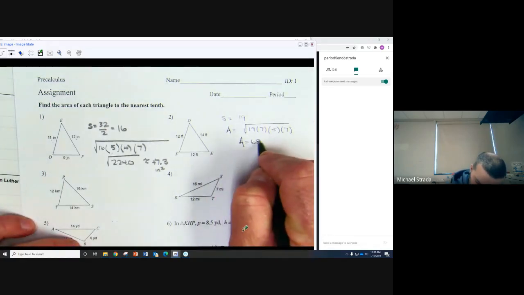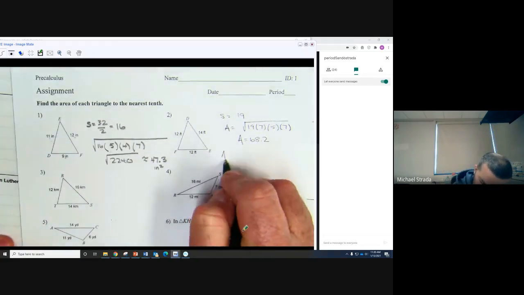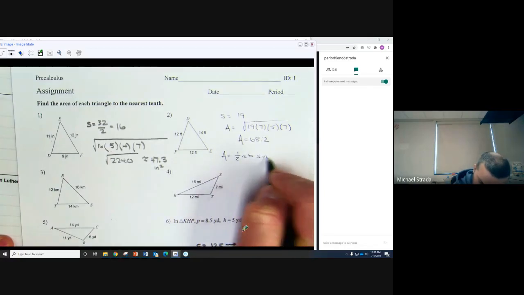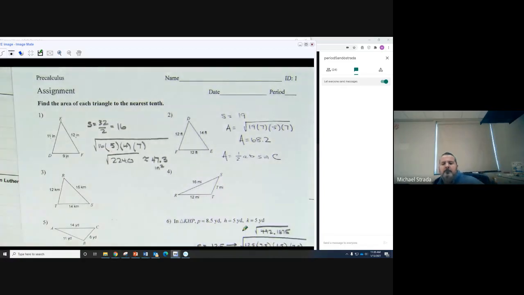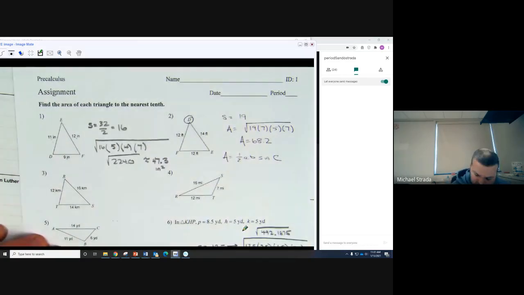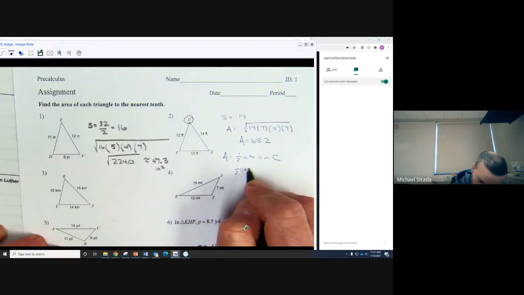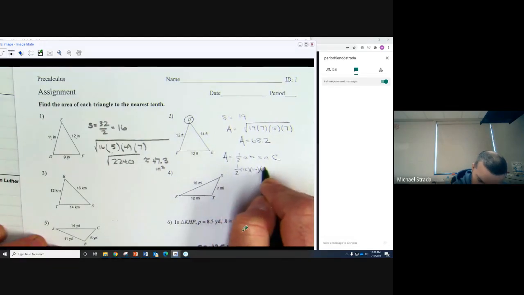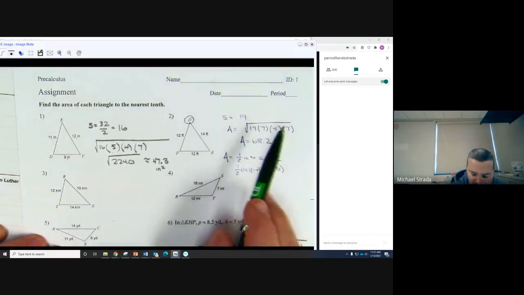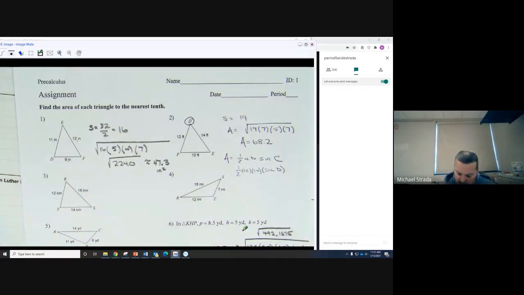So area is 68.2. Okay, well, we talked yesterday, area can also be found using the formula 1/2 ab sine C. Let's say we want to find angle D. That would be 1/2 times 12 times 14 times sine of D. If we do it using Heron's formula and we do it using sines, the numbers should come out to be the same.